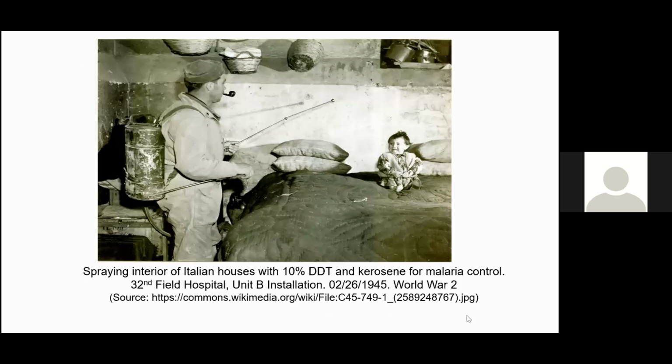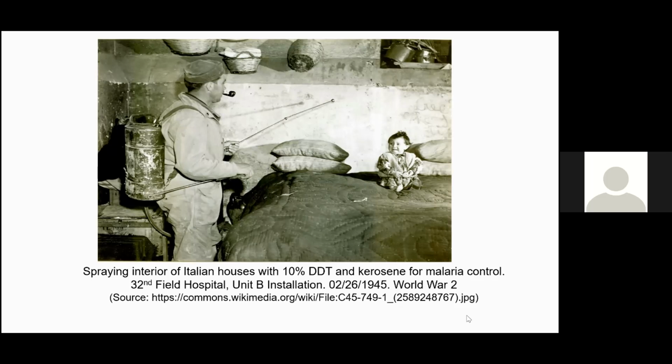The indoor residual spraying of insecticides operation started way back in the 1940s, and this is a slide taken from the internet. One can see there used to be a knapsack sprayer instead of today's equipment. The picture depicts many lacunae in the initial stages of the IRS program.